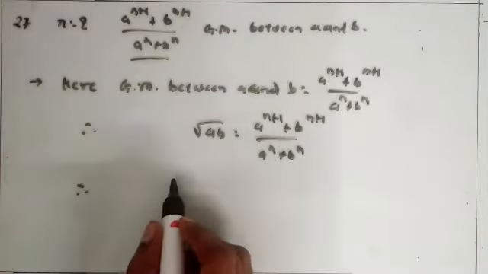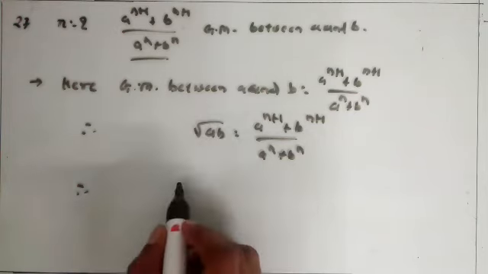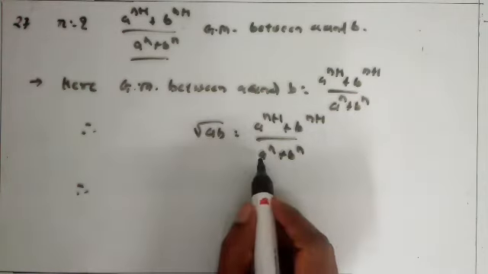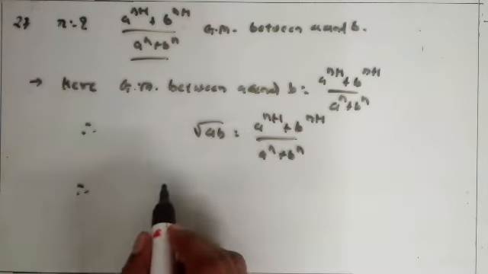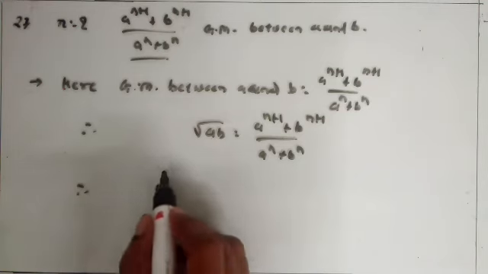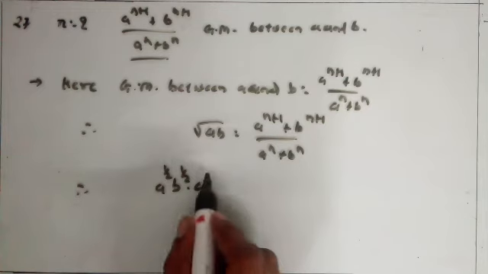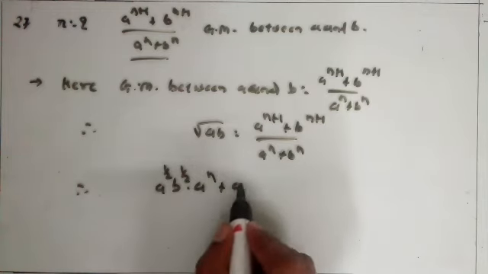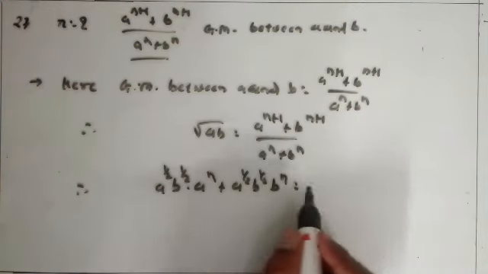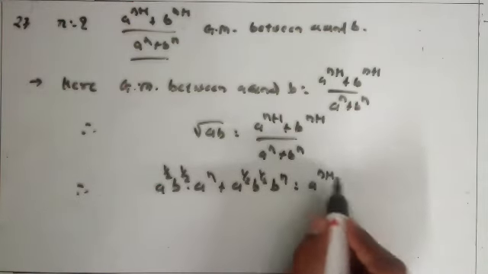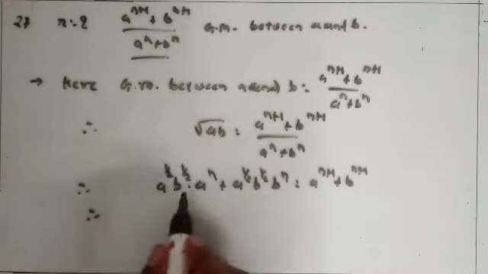Therefore, here a^(1/2) into b^(1/2) multiplied with (aⁿ + bⁿ). Take the cross product. Here we get a^(1/2) b^(1/2) into aⁿ plus a^(1/2) b^(1/2) into bⁿ is equal to aⁿ⁺¹ + bⁿ⁺¹. Clear? Therefore, now simplify this.